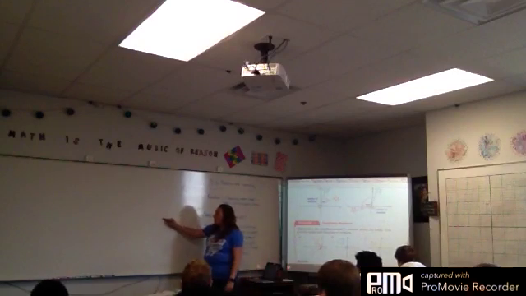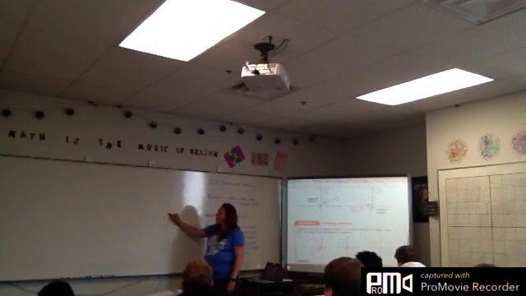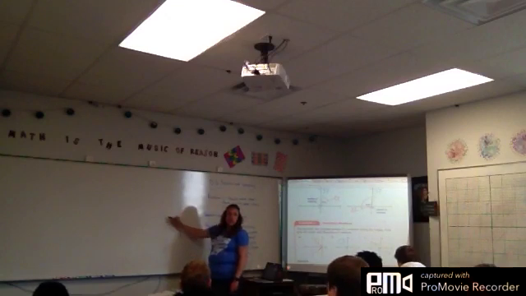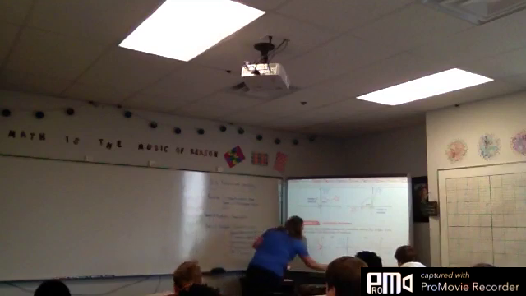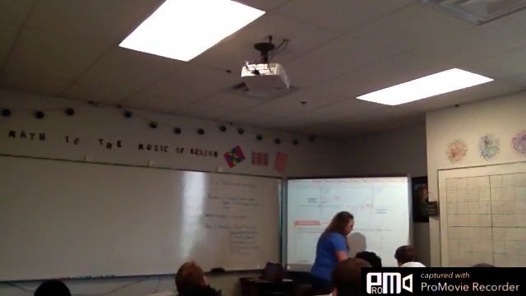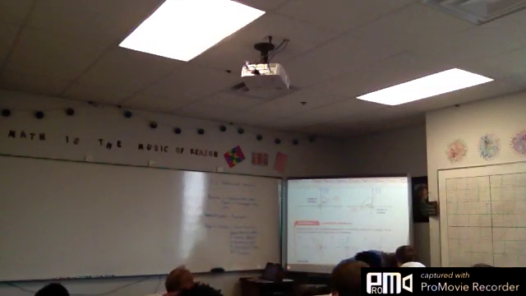You're gonna have to use a straight edge tonight a lot. So you're gonna draw a line from the center of rotation out to the point, and then from the center of rotation out to the new point, and then you have to measure that angle. Now, you can measure that angle one of two ways.